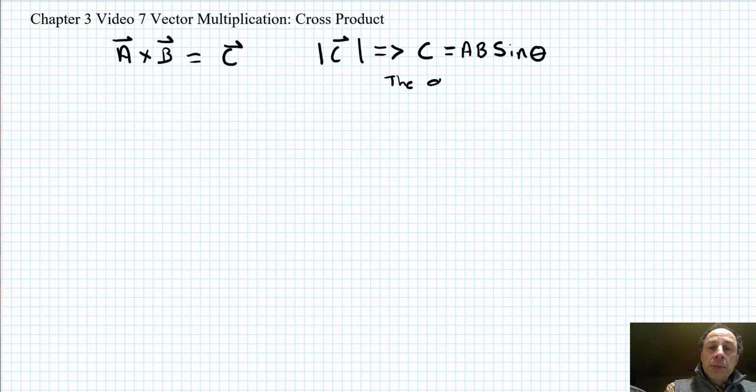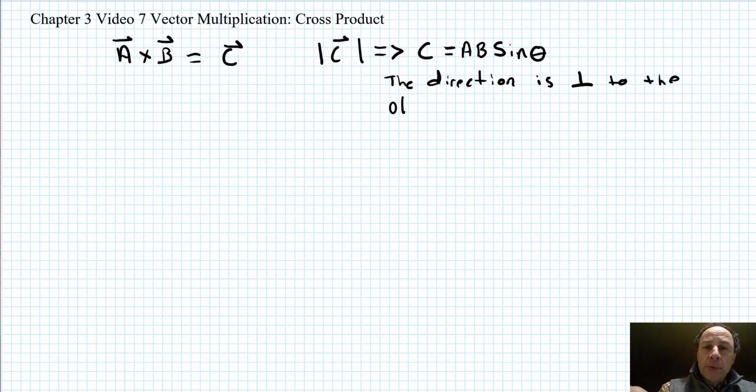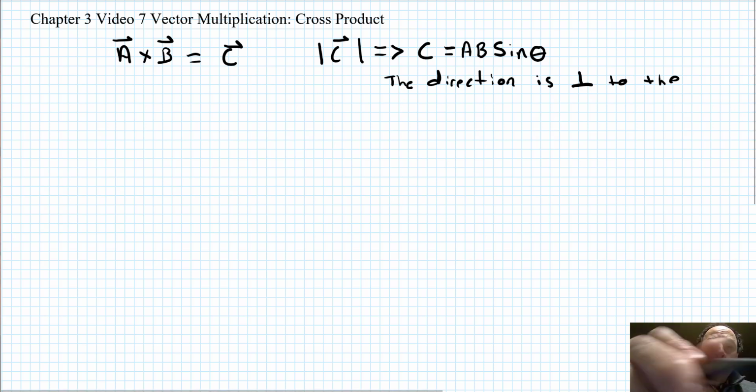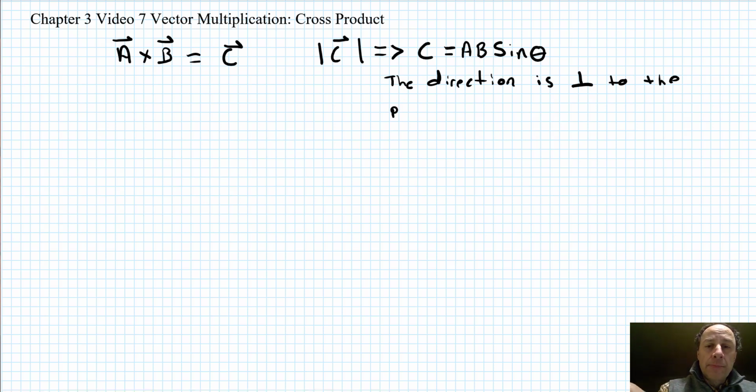The direction is perpendicular to the plane formed by the two vectors A and B.